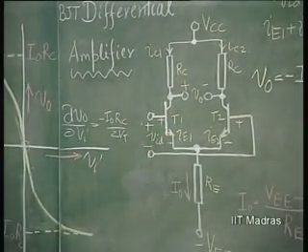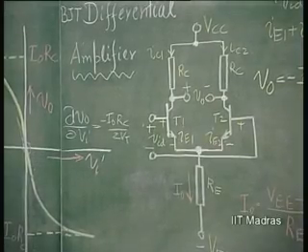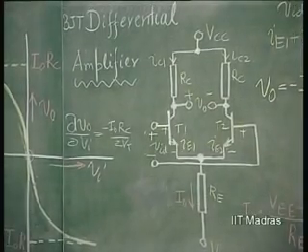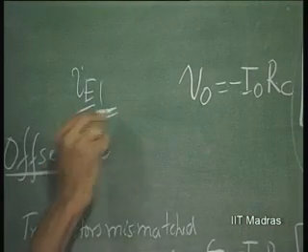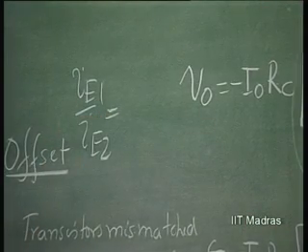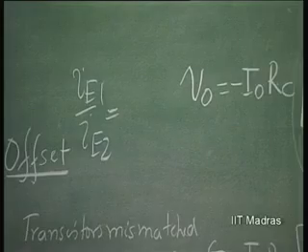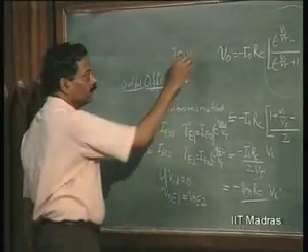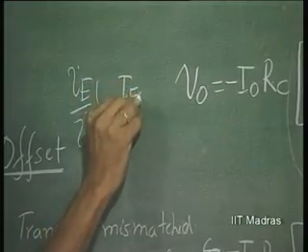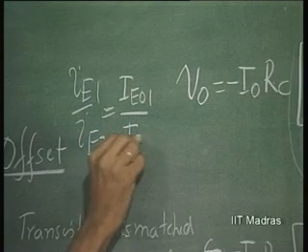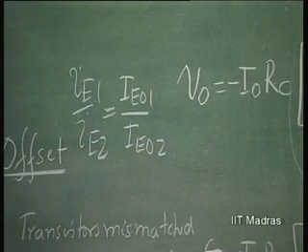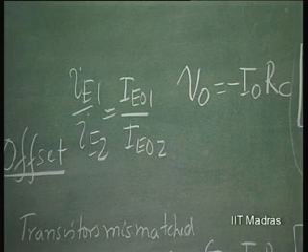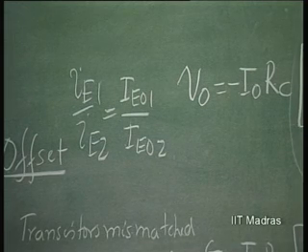Then VBE1 is the same as VBE2. Therefore, IE1 by IE2 is not equal to 1. You take the ratio, it is IE naught 1 by IE naught 2. Is this understood?